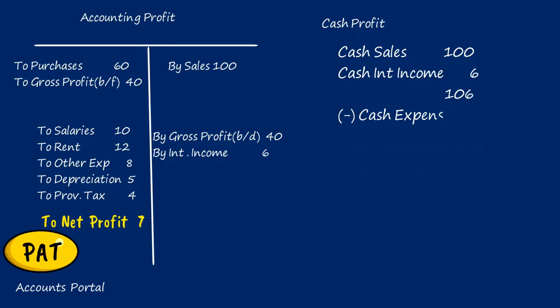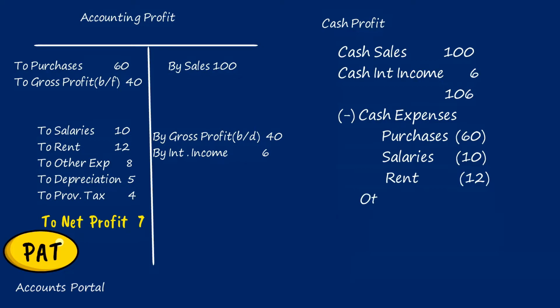Now, depreciation of 5 lakhs, should we minus depreciation here as an expense? The answer, depreciation is an expense, but if we need to calculate cash expenses, we should not consider depreciation because depreciation is non-cash expense.